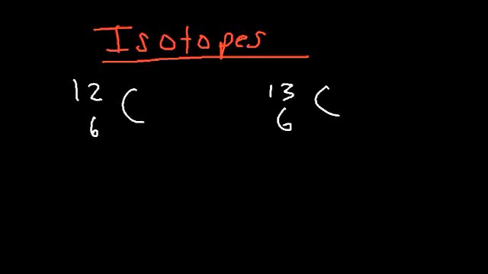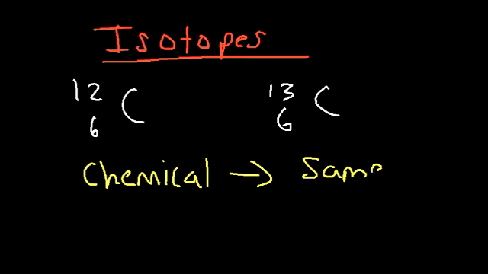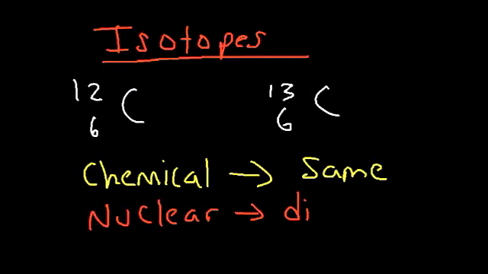But something else that I want to mention is that isotopes, because they're made up of the same element, carbon, have the same chemical properties. So they react in a similar chemical way. However, their nuclear properties are different because the structure of the nucleus is different. So isotopes have the same chemical properties but different nuclear properties.